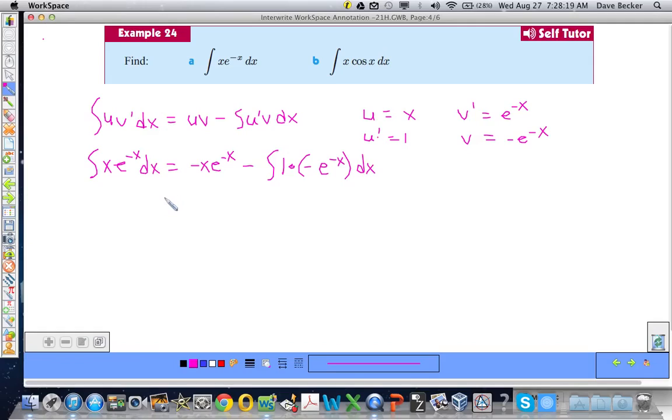And I'm going to clean that up a little bit, so this would be negative x e to the negative x, negative negative becomes a positive, the integral of e to the negative x dx.